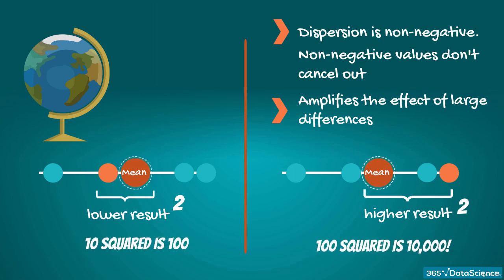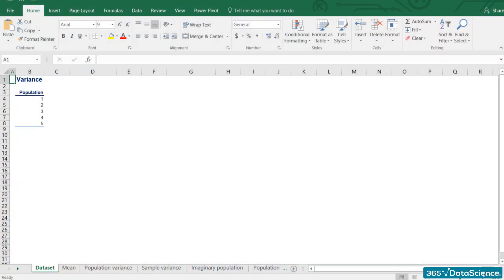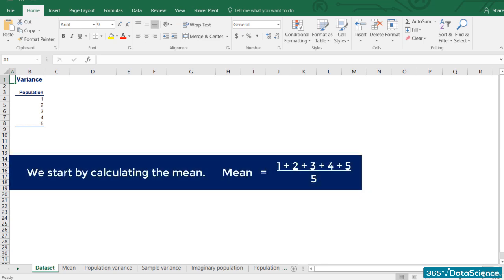All right, enough dry theory. It is time for a practical example. We have a population of 5 observations, 1, 2, 3, 4, and 5. Let's find its variance. We start by calculating the mean. 1 plus 2 plus 3 plus 4 plus 5 divided by 5 equals 3.